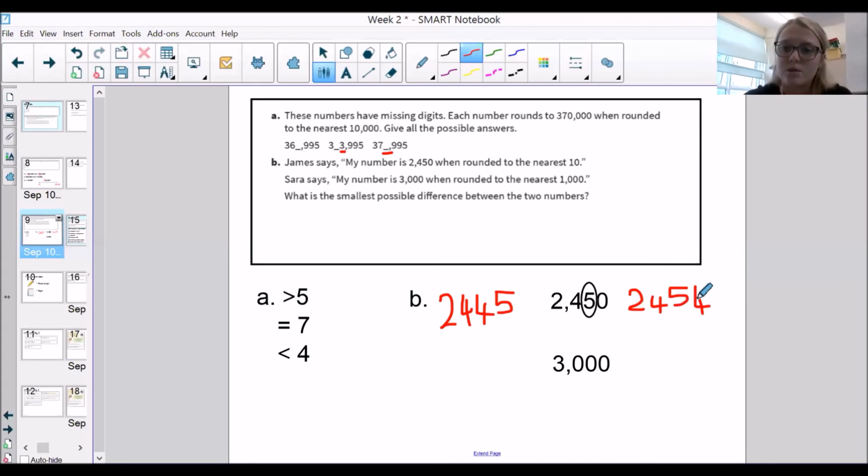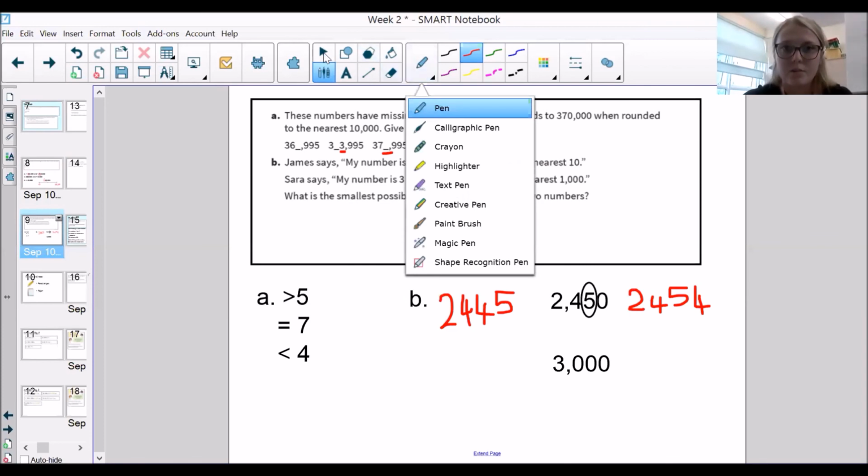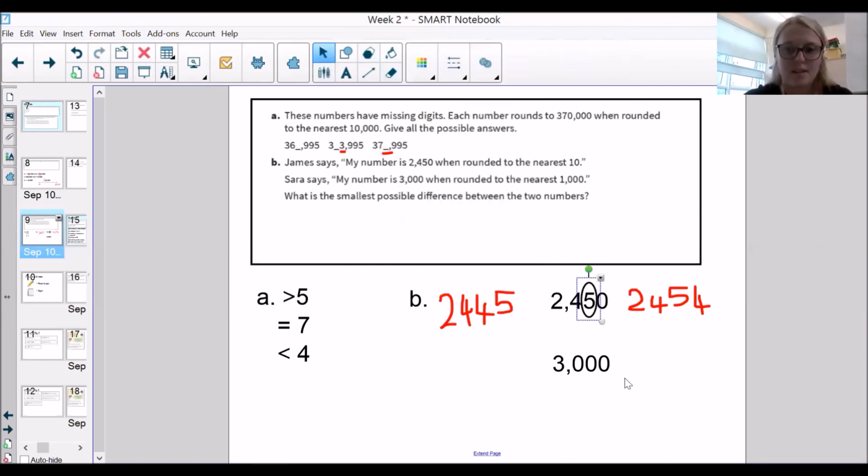So 2,454. Okay, so for the 3,000, it says my number is 3,000 when rounded to the nearest 1,000. Okay, so the digit we're looking at here is the thousands digit. Okay, so we want the largest possible answer it could be and the smallest again. Okay, so the smallest possible option it could be, so we'd decrease the digit by 1, so we'd have 2 here.